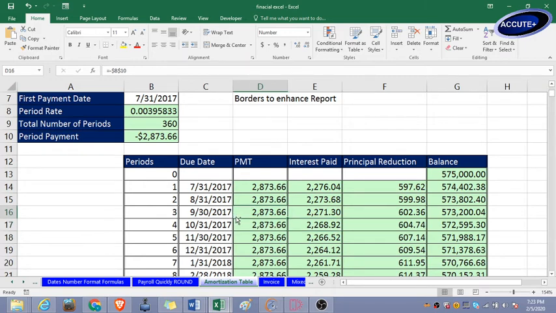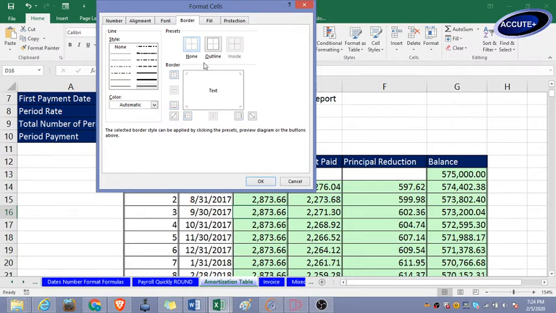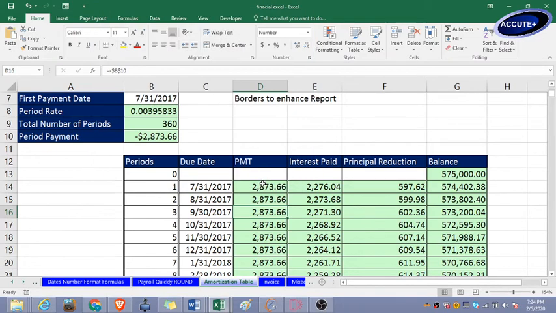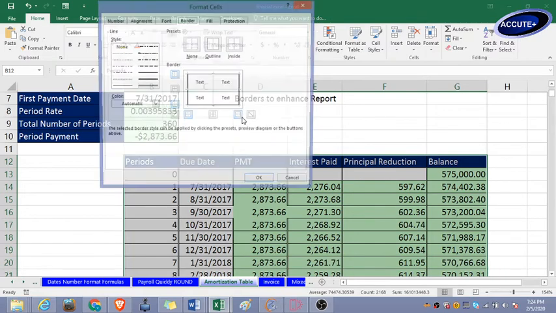We can just remove the outline, so Control 1. On the outline you want none. If you say OK, oh, I didn't do it for your border. Then you can go Control 1.